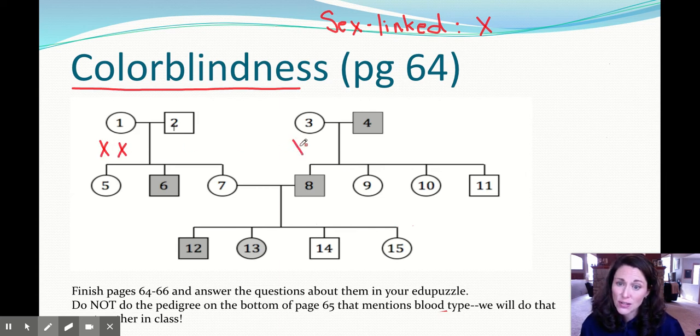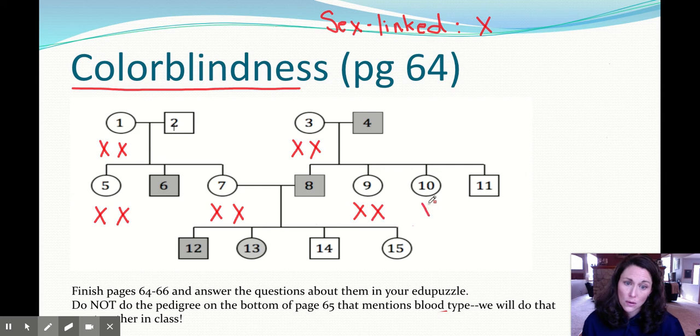Every circle is going to be XX. I like to do them in order on my pedigree, but you can do this however you want on your page 64. Sometimes I get ahead of myself, so hopefully I'm not making any mistakes as you're watching me.